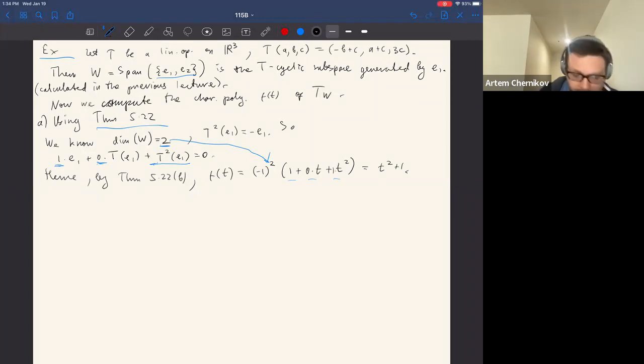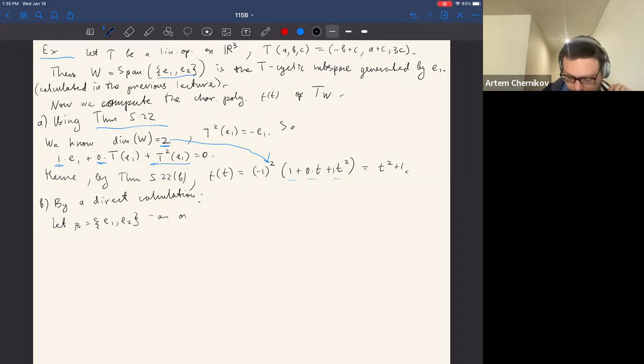All right, now let's determine the same characteristic polynomial directly. Okay, so by a direct calculation, let us take beta to be the basis again, E1 and E2.